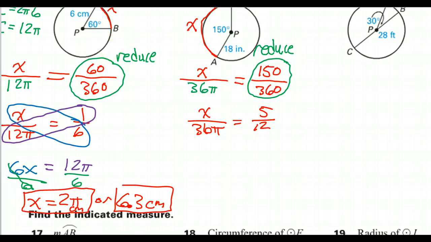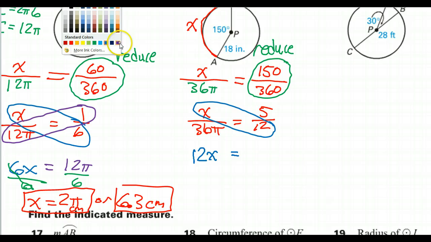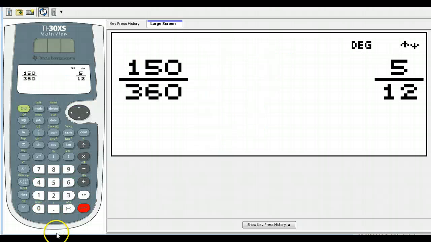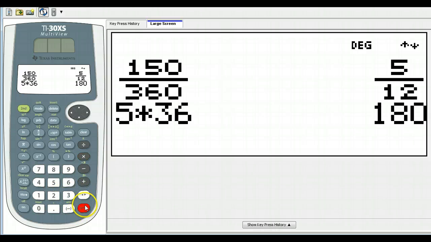Time to cross multiply. So if you cross multiply, we've got the, I want to change color. So if we do the 12 times x, all right, that's 12x. And then if we do 5 times 36 pi, I'm just going to do 5 times 36 because I know it will be pi. I don't want any decimals.